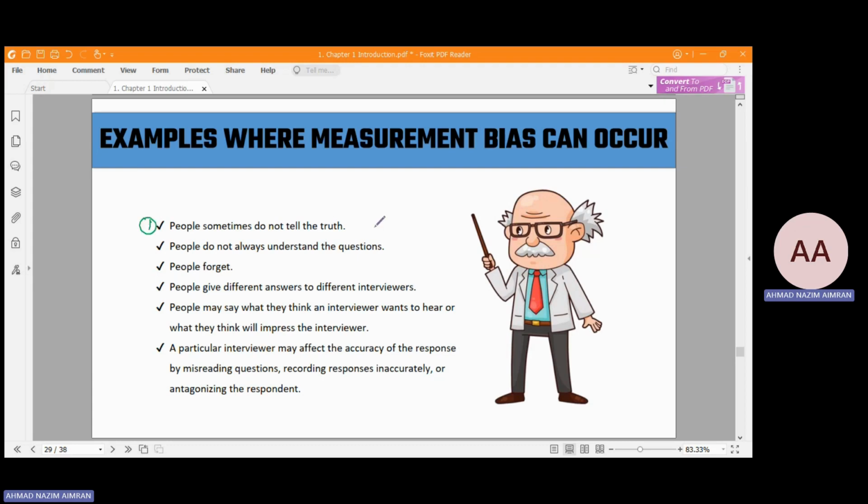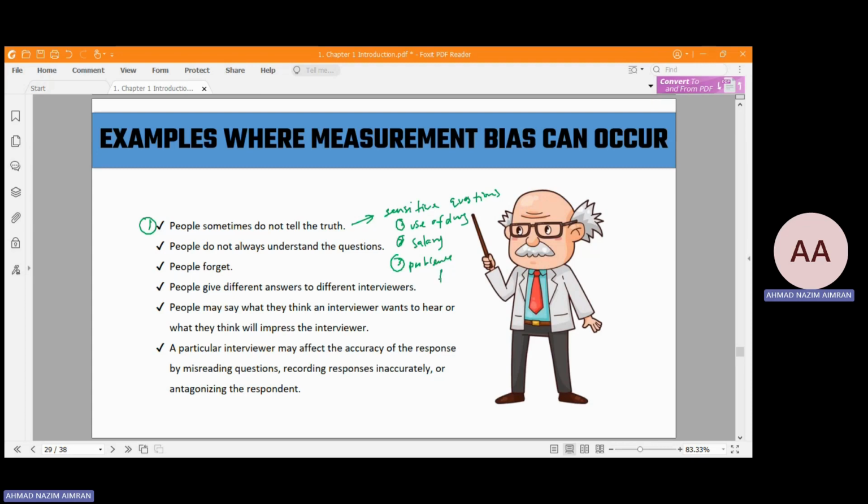People sometimes do not tell the truth. And usually people do not tell the truth when the questions asked are sensitive questions. Sensitive questions can be things like the use of drugs, the salary, or problems in their family.